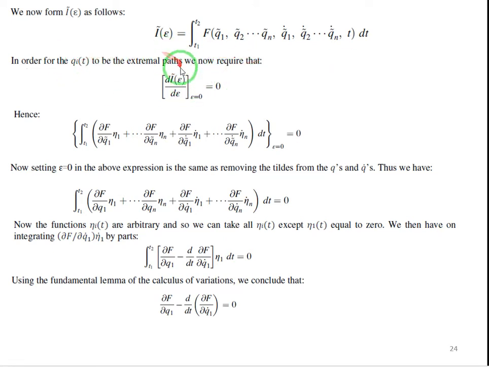Or in other words, we can say that the derivative of I tilde with respect to epsilon at epsilon equal to 0 is equal to 0.